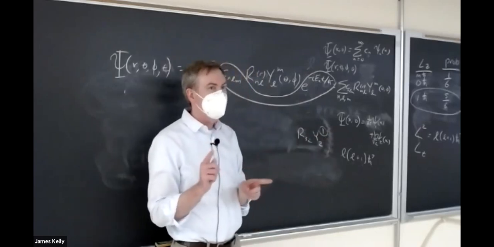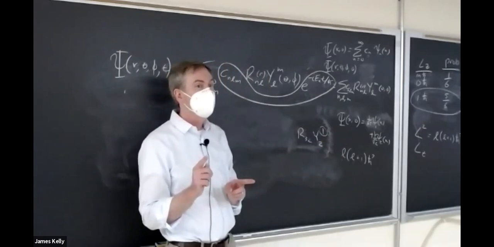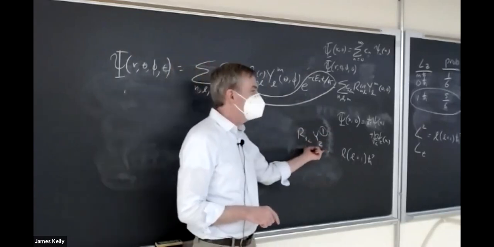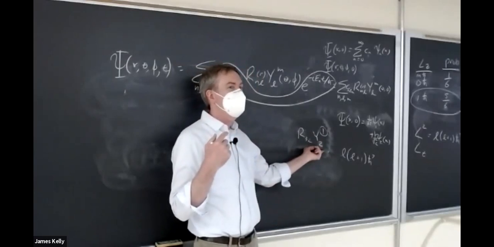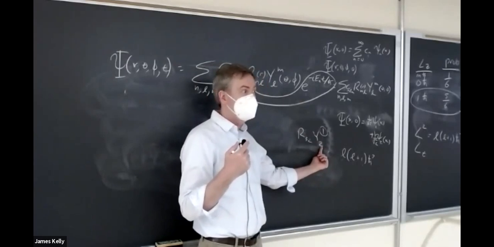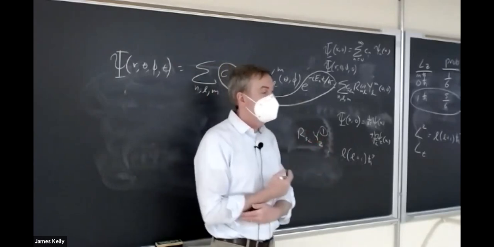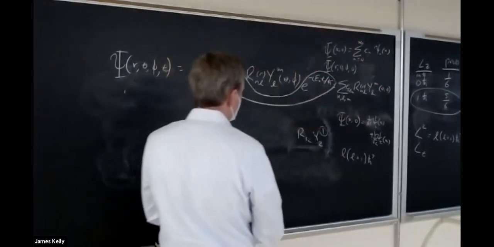Lx does not commute with Lz, but it does commute with L squared. And so when I measure Lx, I'm still going to get a state with L squared equal to 6 h bar squared, corresponding to little l equals 2, because I'm measuring something that is compatible with L squared.